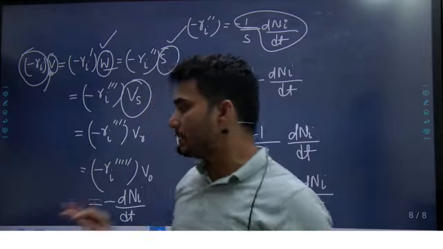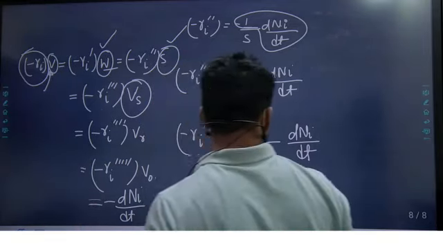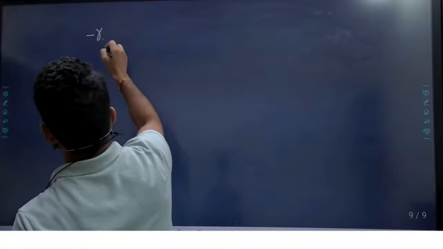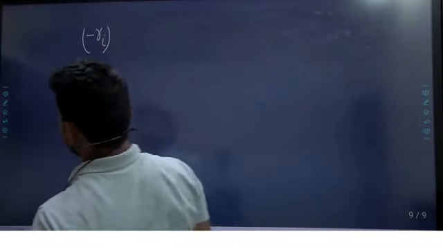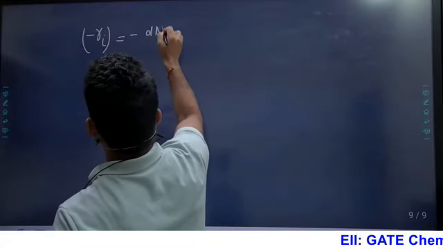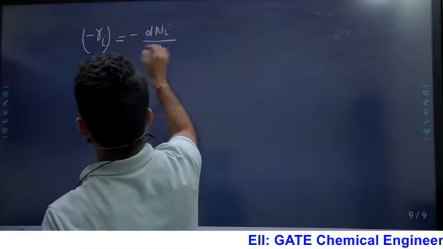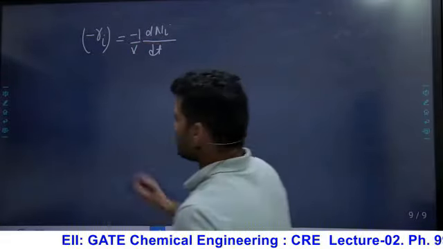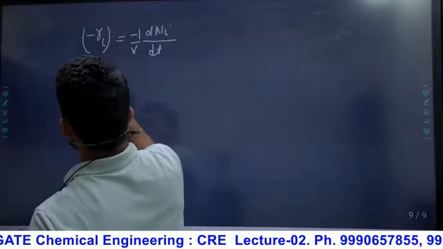So what are we finding? The definition of the rate. If anyone asks you to write down the definition of rate, you will say that minus Ri, the rate of disappearance of component i, equals minus dNi divided by dt into V, or you can write it as minus 1 by V dNi by dt. You will not simply write minus dCA by dt.